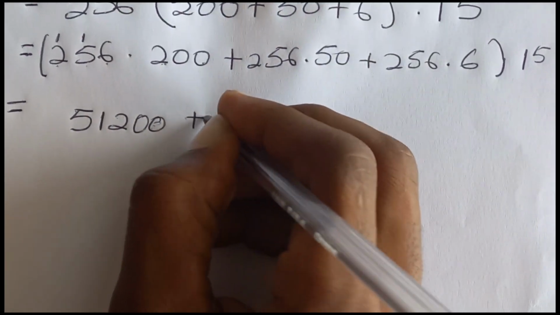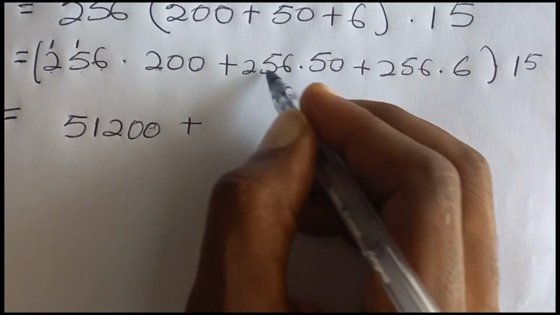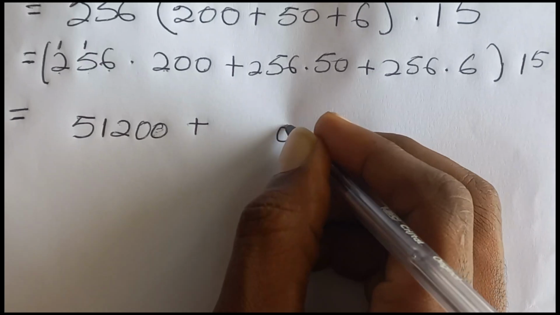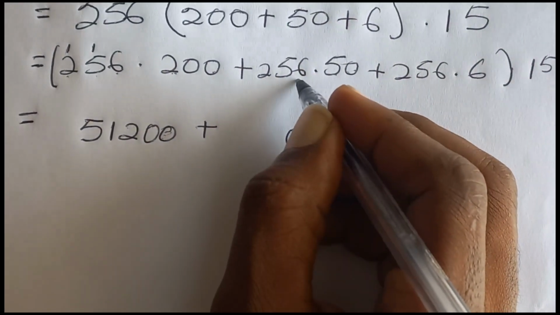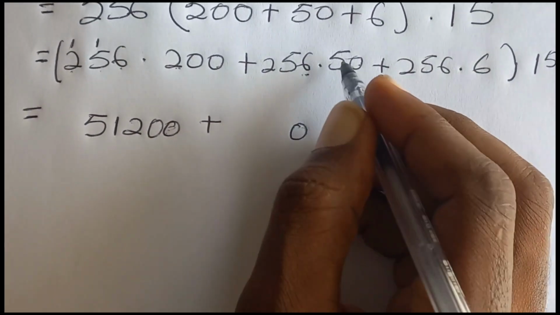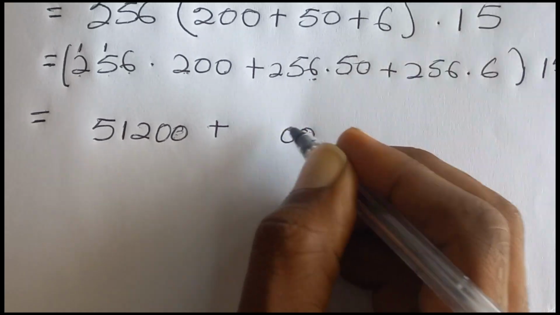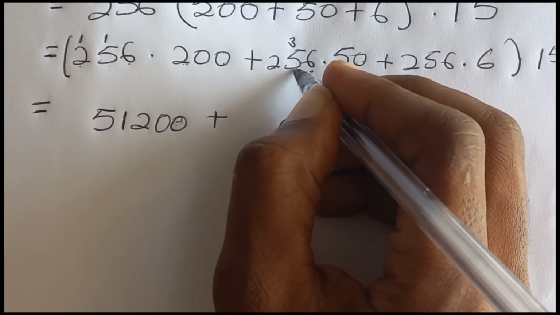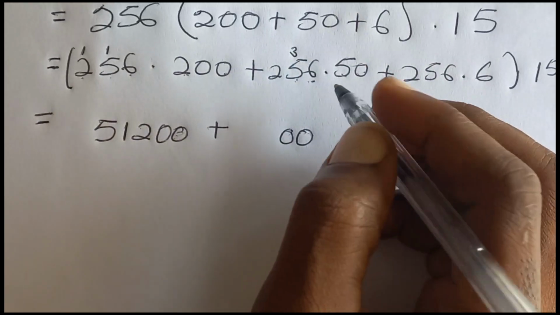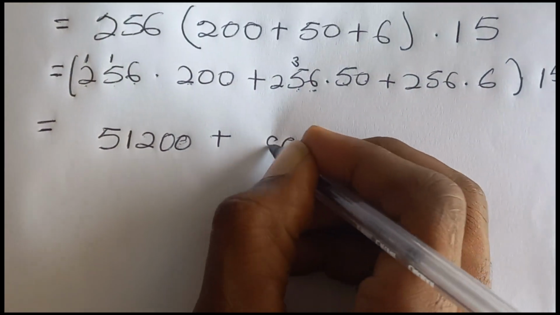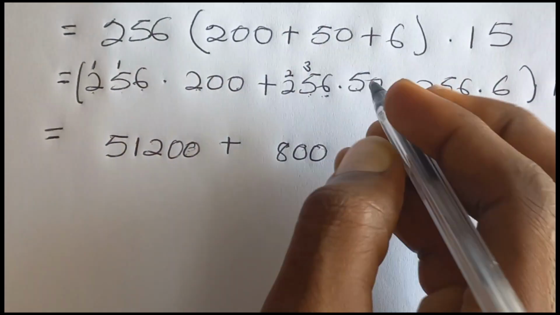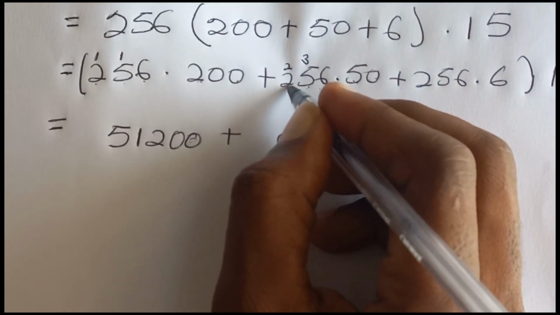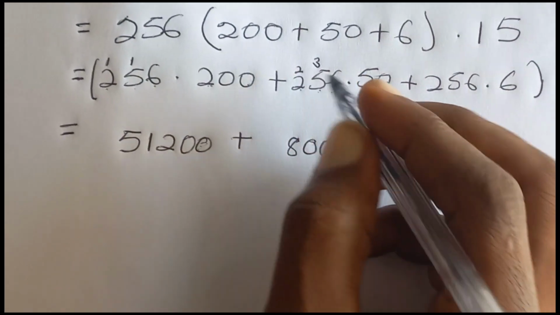Then plus 0, times this will be 0. 5 times 6 is 30, so 0, a remainder of 3. 5 times 5 is 25, 25 plus 3 we are getting 28, so 8, a remainder of 2. 5 times 2 is 10, 10 plus 2 is 12.